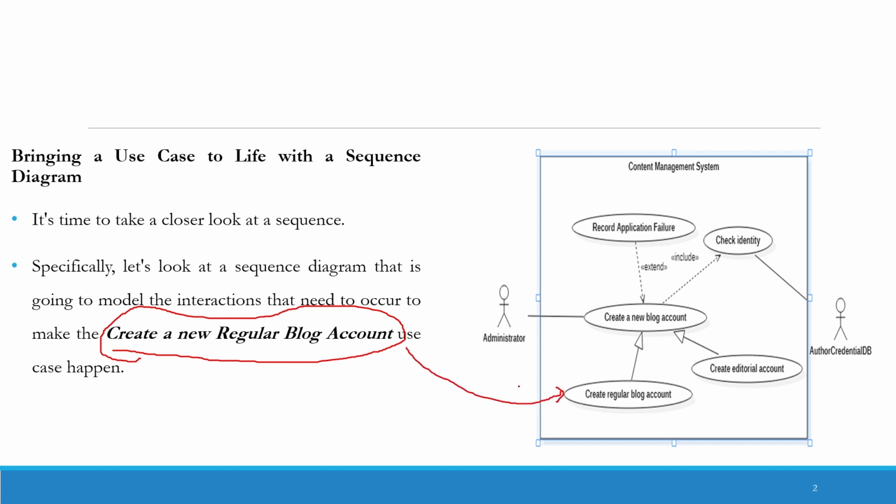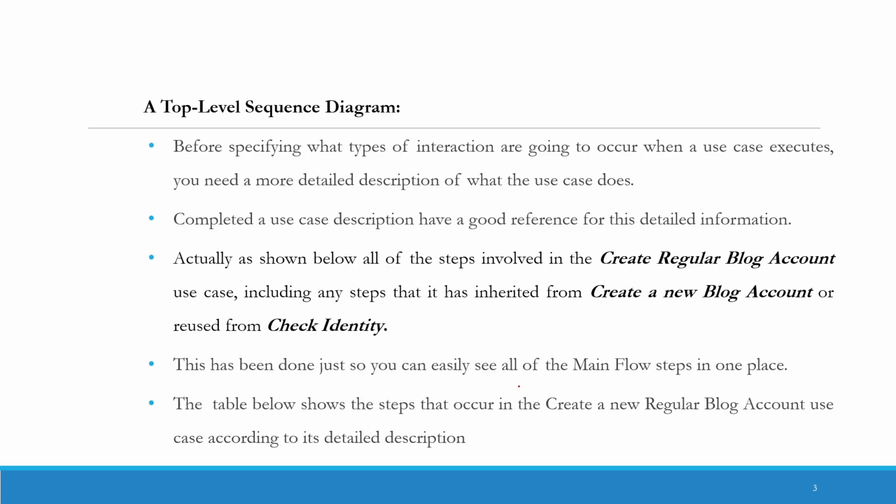That means for this use case, we have to draw the sequence diagram. What you have to do, first of all, is identify the top level sequence diagram. That means we have to identify what are the steps to create a new regular blog account. So we have to know the top level sequence diagram.